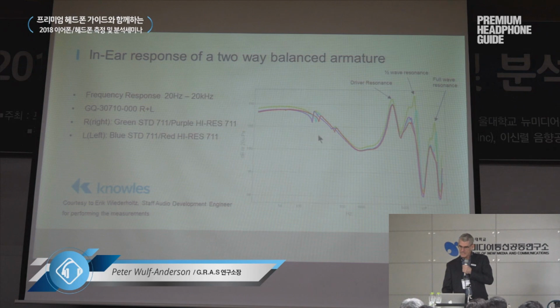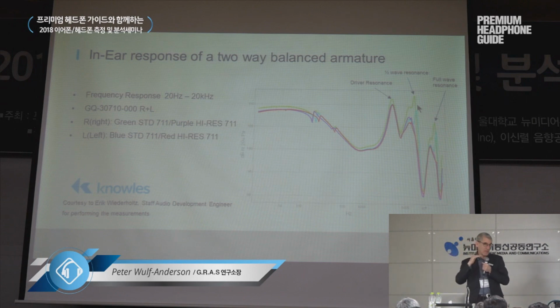And the red and, you could say, purple curve are the same measurements done with the new GRAS high resolution coupler. And we can again see here that the resonances we had in the old one, this is half-wave resonance, this is full wave resonance, have been dampened a lot, and you get a much smoother curve, much easier to do measurements on.